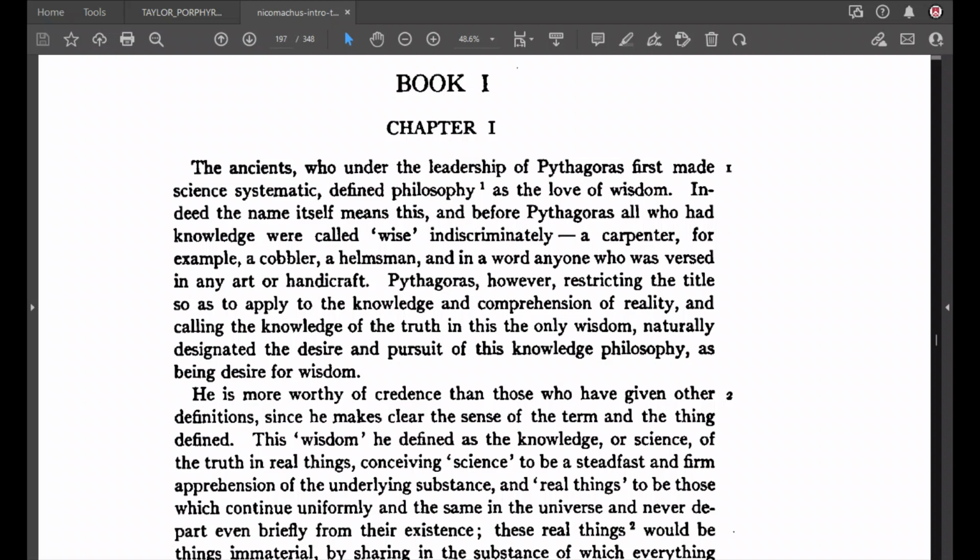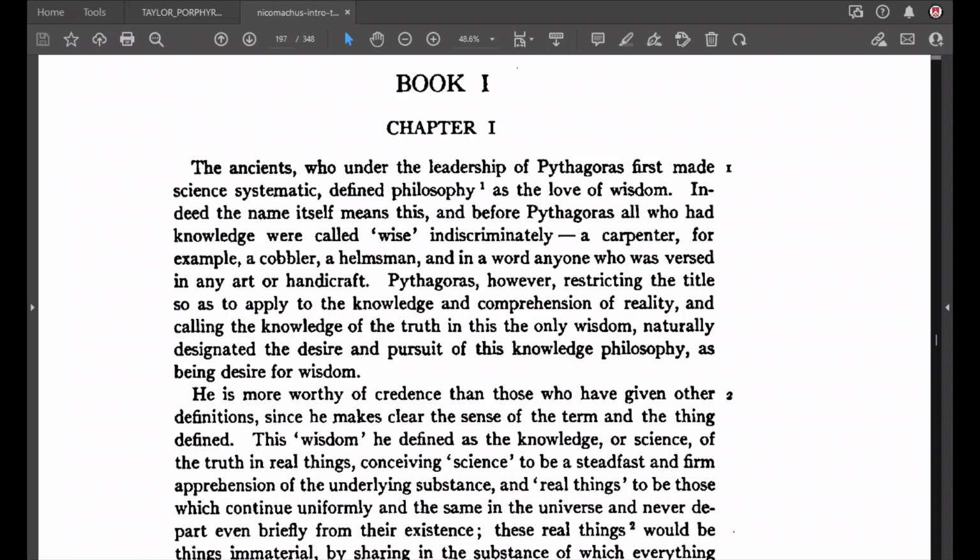He was a wise boat maker, right? If there was a woman who was excellent and skilled in baking, she would be called a wise baker. If there was a man who was a successful farmer, he would be called a wise farmer. All right? Before Pythagoras, the word wisdom or wise was used to describe anyone who was skilled in any way.